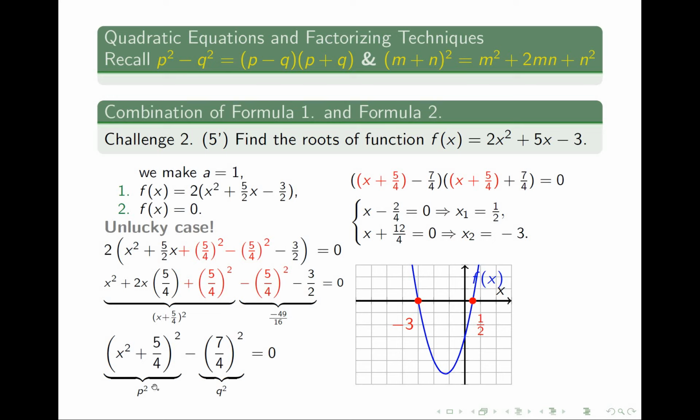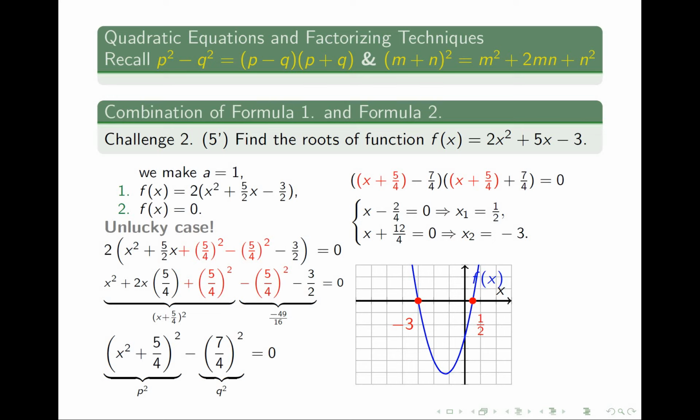And if we have 0 here, so y will be minus (7 divided by 4) squared, which is minus 49 divided by 16. So the y coordinate of this vertex is minus 49 divided by 16.